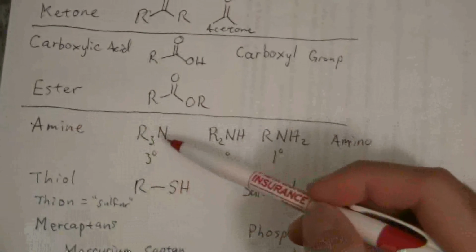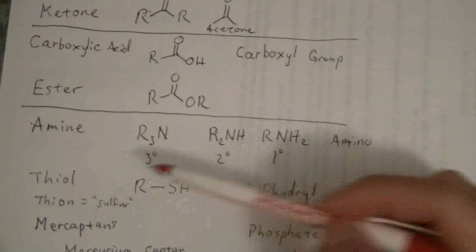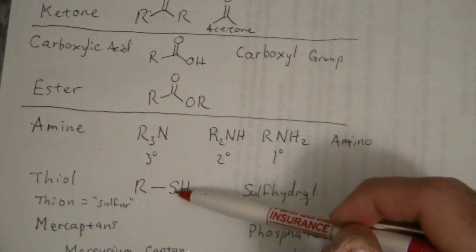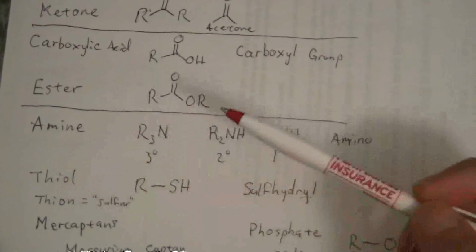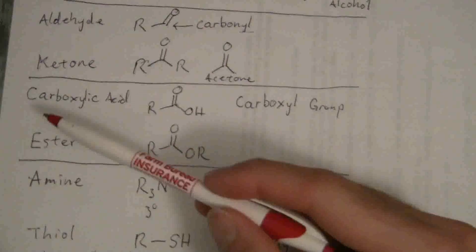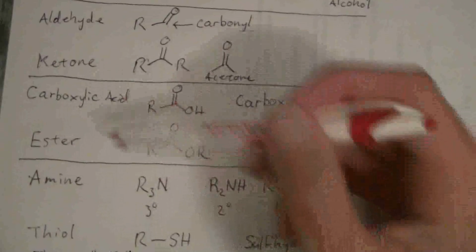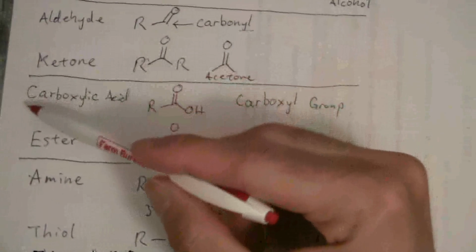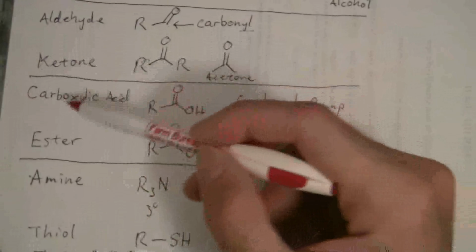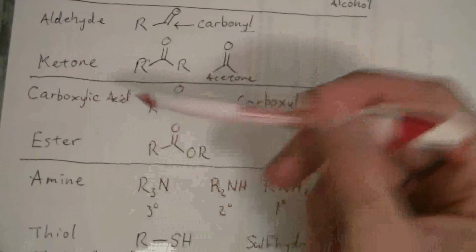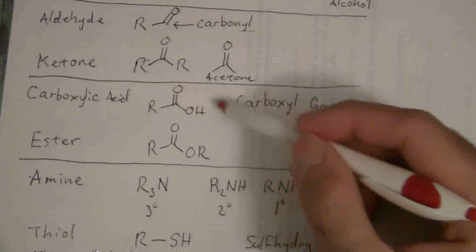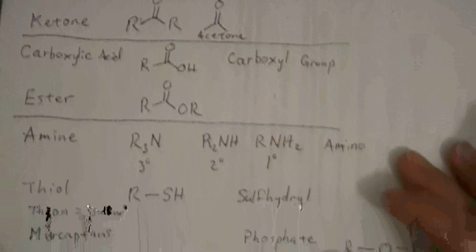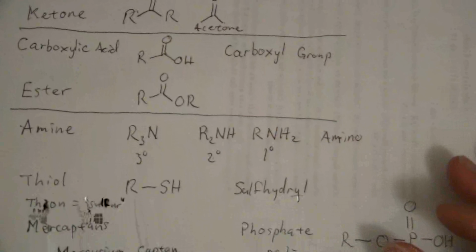Similarly, they just have an R replacing that hydrogen. Then the amines have the nitrogen. Thiols, they're like the sulfur alcohol, as the name implies. Just like the carboxylic acid, you have the carbonyl and hydroxyl group. Both of those combined together, carbonyl and the hydroxyl, in one functional group. Okay?